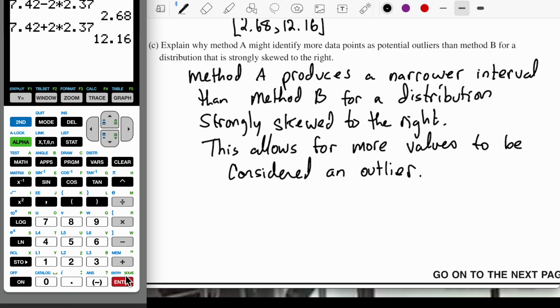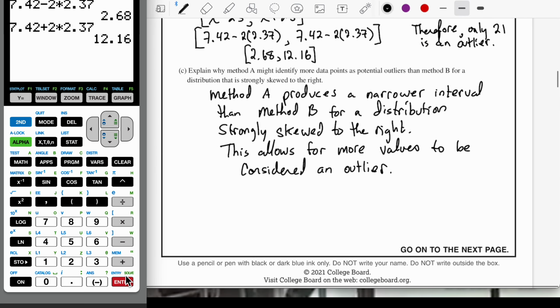So since it's skewed to the right, you're getting a narrower interval for method A than for method B. Because that interval is narrower, there are more points that will escape that interval and be considered an outlier. Whereas if you had a wider interval, it's going to capture more points, making those points seemingly non-outliers.